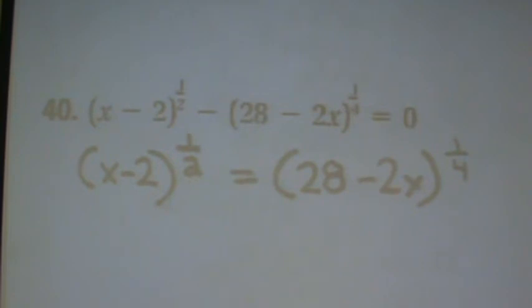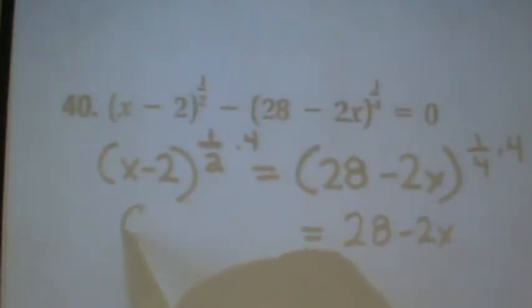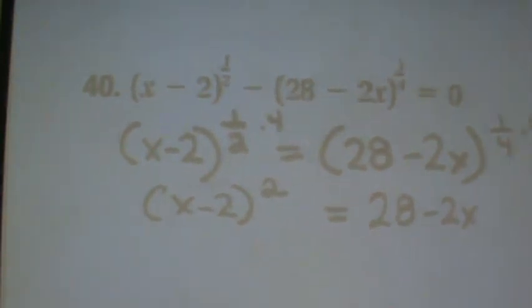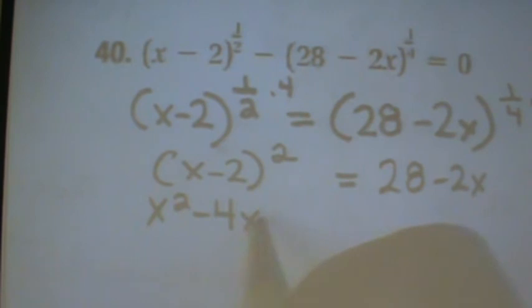So let's multiply this side by 4. So don't we have to do this by 4? Yeah. So on this side, it's gonna be 28 minus 2x. But what do you have on this side? X minus 2. What's 1/2 times 4? 2. That's what you have to do on this problem. You're gonna have to square this. This is gonna be x squared minus 4x plus 4.